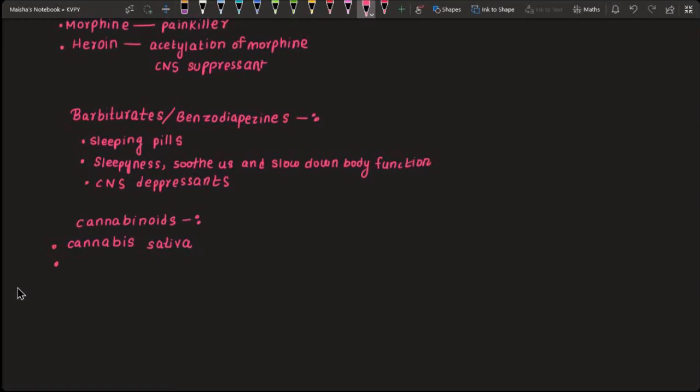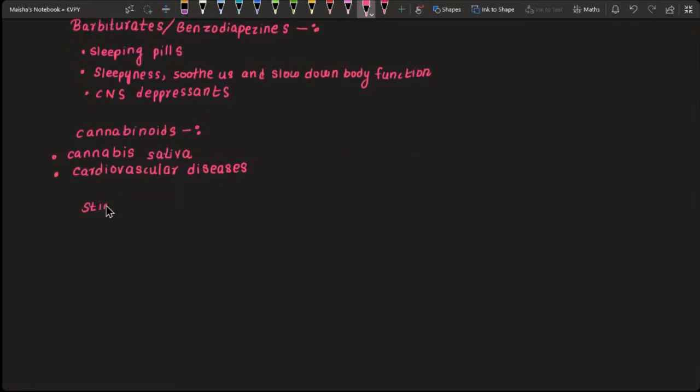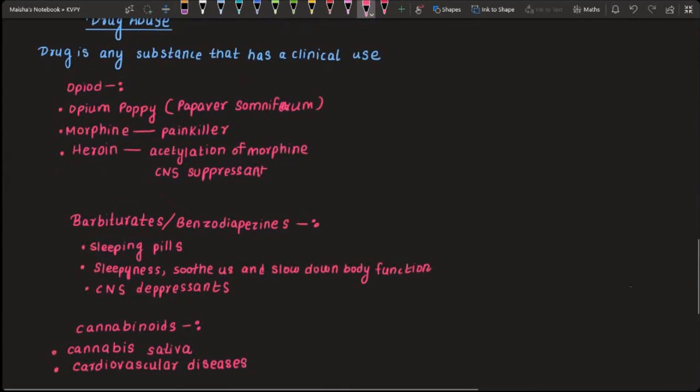However, it actually damages the cardiovascular system and causes many kinds of cardiovascular or heart-related diseases. This is a very important point. Killer diseases, right?